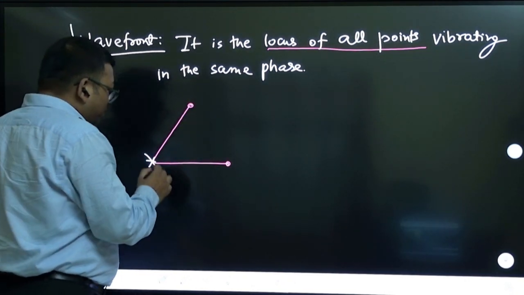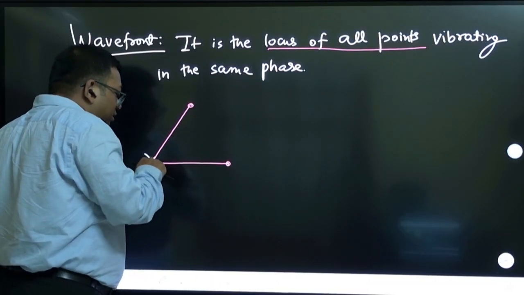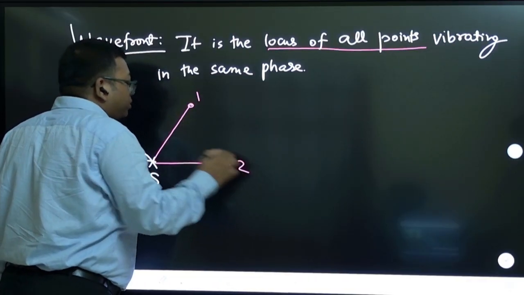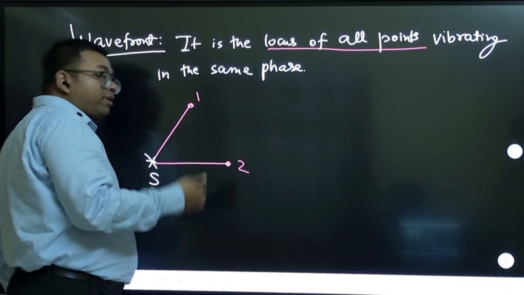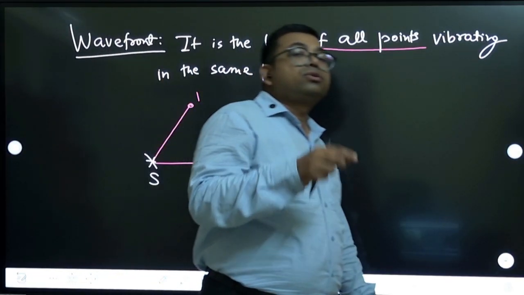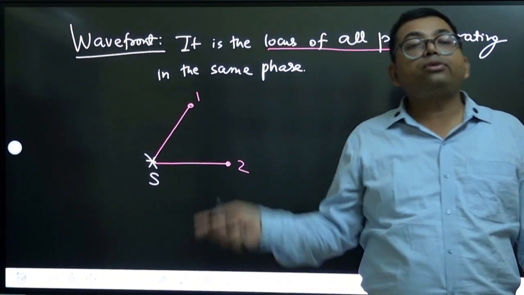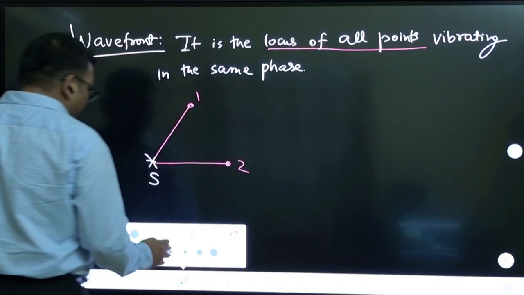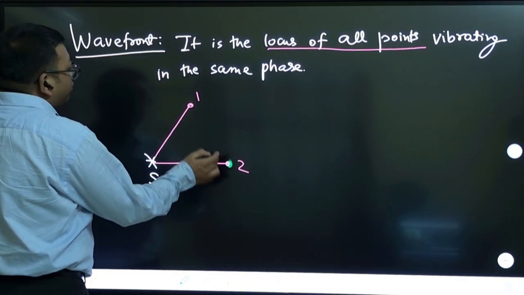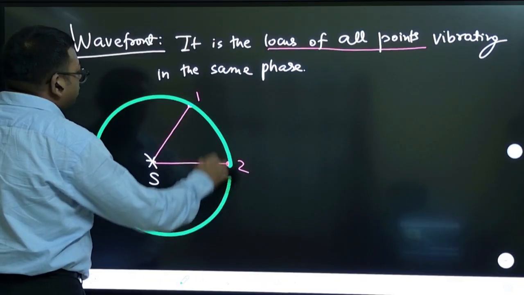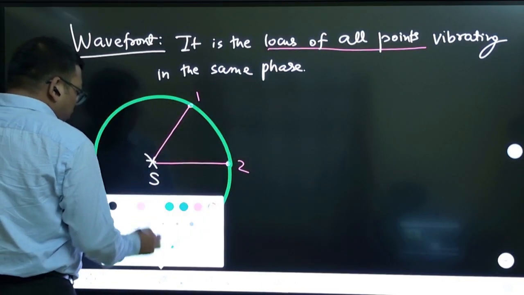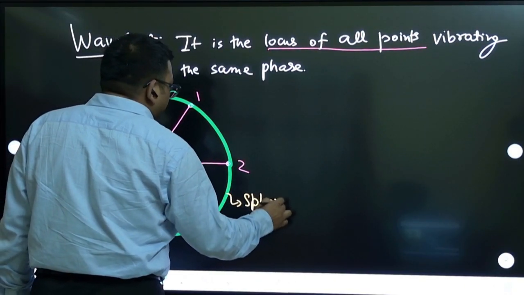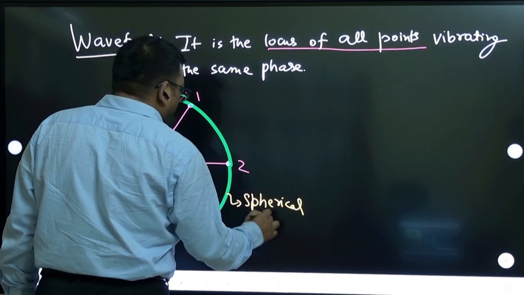The disturbance will reach from the source to point 1 and point 2 in the same time, so they will start vibrating in the same manner. So they will be in the same phase. So try to join all those points which are at the same distance from the source. When we join all these equidistant points, you will get a sphere. This is called a spherical wavefront.